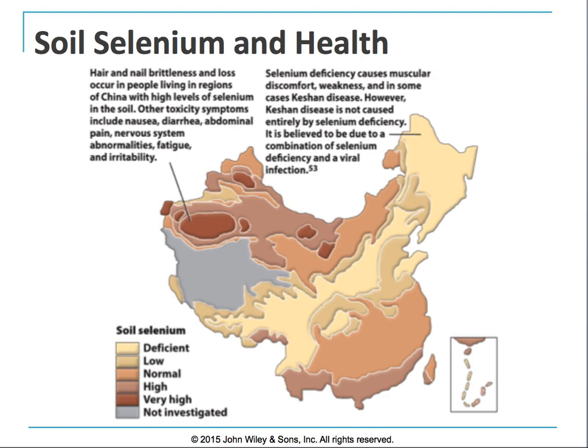So in the more whitish tan areas, those are areas where the soil is very, very low in selenium. And so in those areas, there's higher levels of that Keshan disease because of the low selenium in the soil, whereas the darker brown, darker red color are areas where the soil contains really high levels of selenium, which can lead to selenium toxicity in those regional populations.